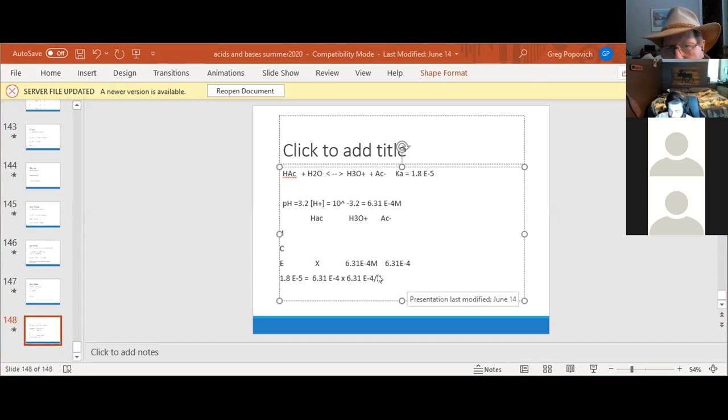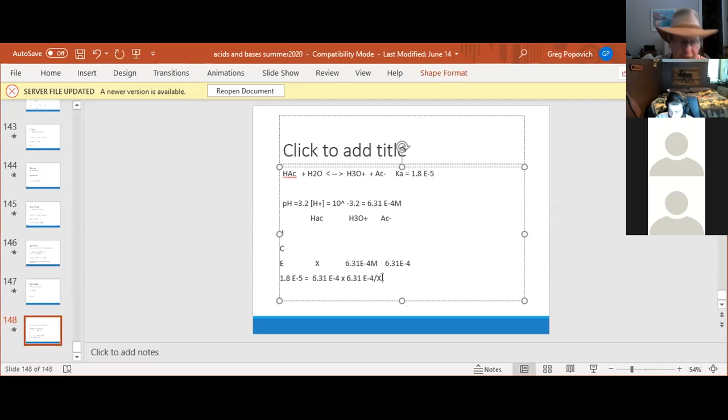Basically multiply both sides by X and then divide by 1.8 e to the minus 5. Did you say multiply 6.31 by both sides? No, you multiply X by both sides and then divide by 1.8 e to the minus 5th.